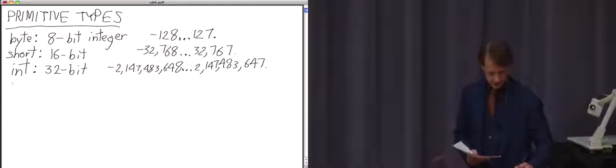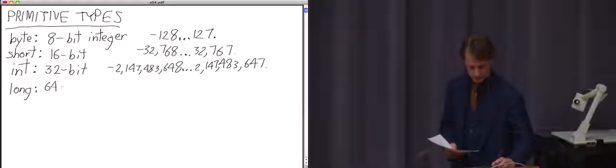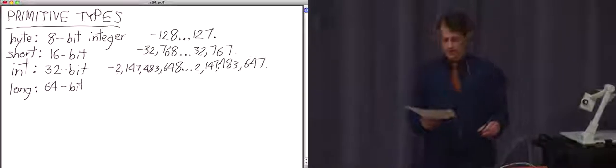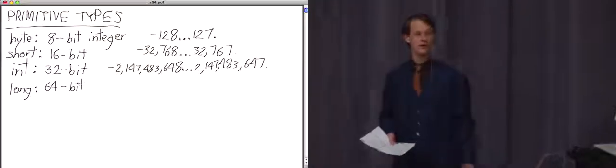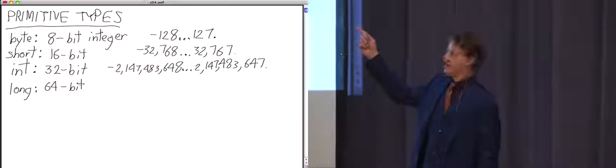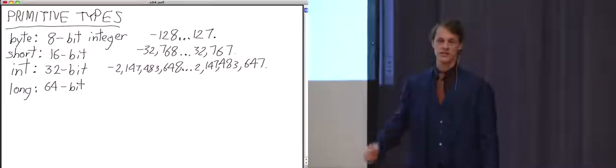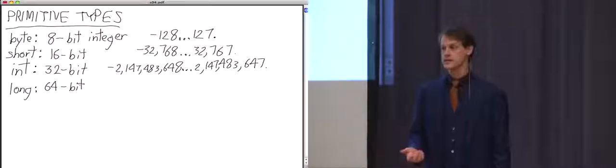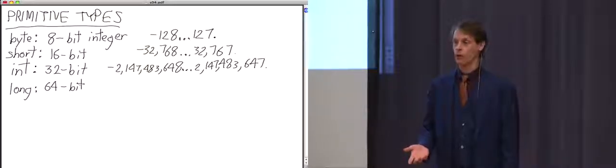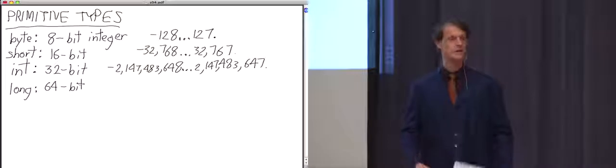And finally, there are longs, which are 64-bit integers, and I'm not going to write out the range, but they go from about -9 quintillion up to about 9 quintillion. And you know, when you're writing code, you can't really go wrong by using longs for just about everything, except in the special case where you need to save memory and you're storing a lot of numbers.